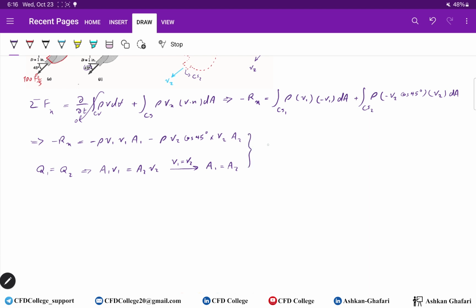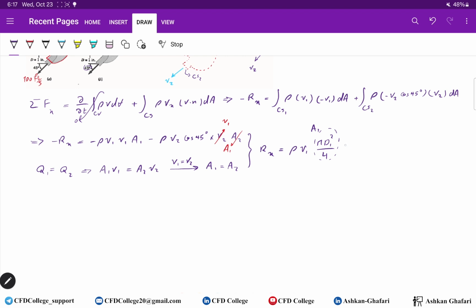So from these we can find that Rx equals rho V1 A1, which is pi d1 square over 4. So this is A1, and instead of A2 we have A1, and instead of V2 we have V1 because they are equal.